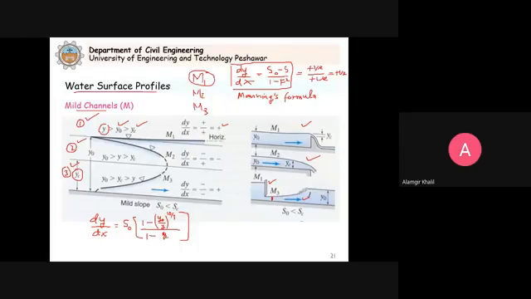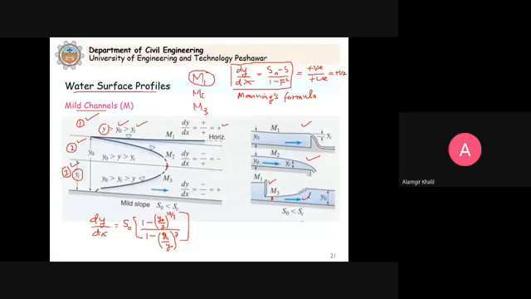Now in this equation, you see that when y is equal to yc at this point, yc divided by yc will become 1. And 1 minus 1 is 0, and anything divided by 0 is infinity.